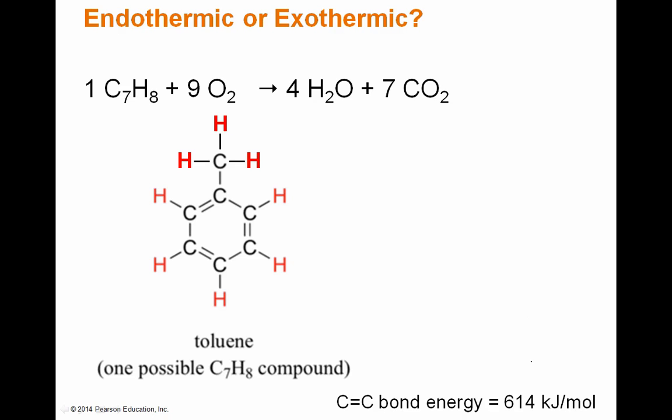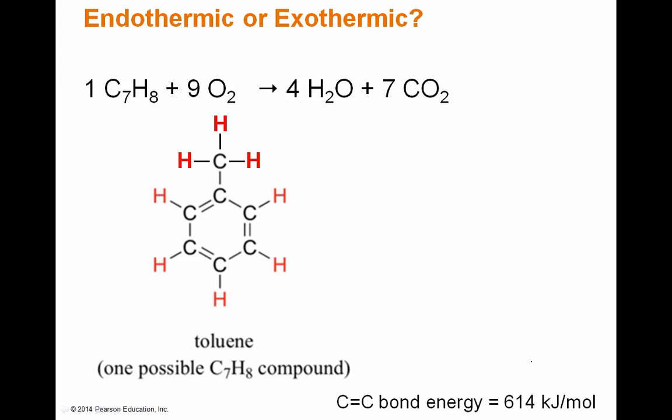Alright. I challenge you, for extra credit if you'd like, to figure out whether this reaction is exothermic or endothermic. It's a great deal more difficult, but I think it makes good practice. Here you have toluene burning in oxygen to produce water and carbon dioxide. Here's a picture of toluene, and basically you have to count up every C to C double bond, every C to C single bond, and every C to H single bond.